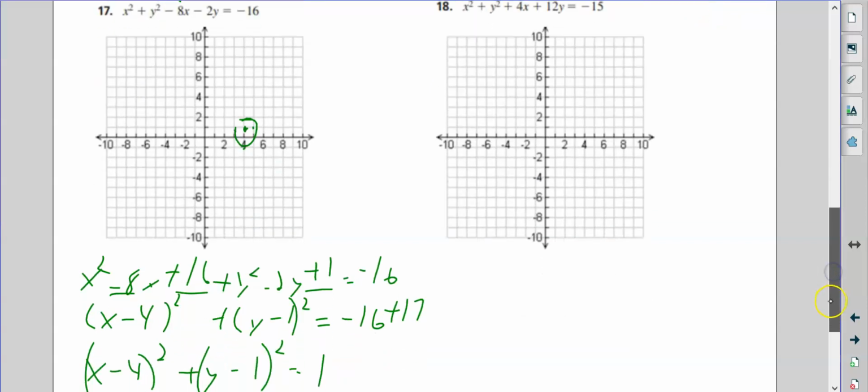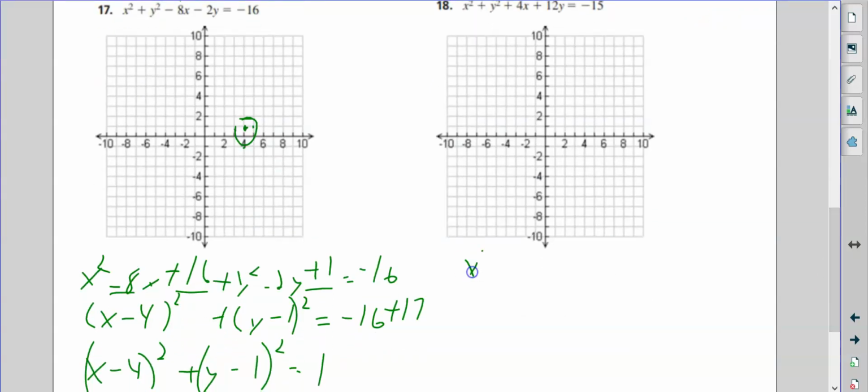And 18, I'm going to do the same thing when I come down below. X squared plus 4x, leave a space, plus y squared plus 12y, leave a space, equals negative 15.